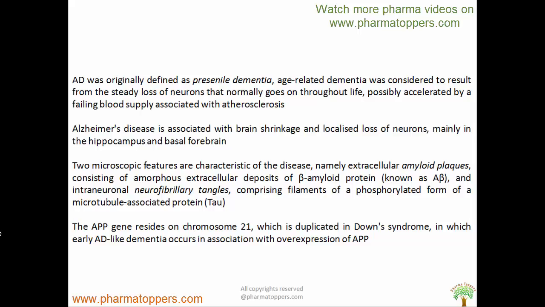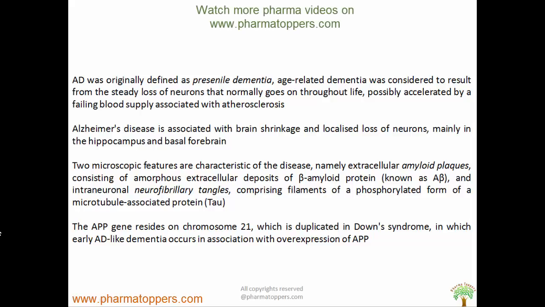So Alzheimer disorder was originally defined as a pre-senile dementia, an age-related dementia which was considered to result from the steady loss of neurons that normally goes on throughout life, possibly accelerated by the failing of blood supply associated with atherosclerosis. So loss of cognitive ability with age is considered to be a normal process whose rate and extent is very variable.